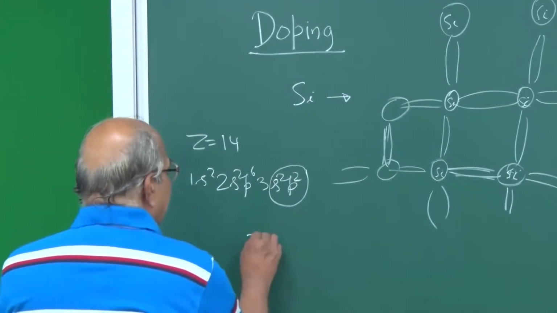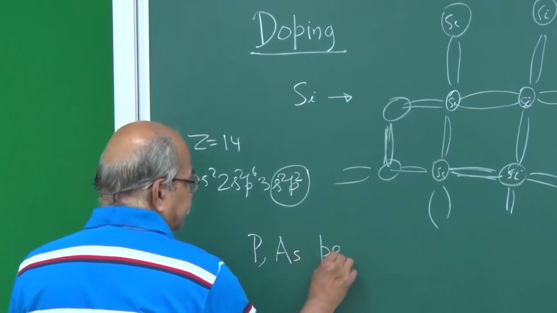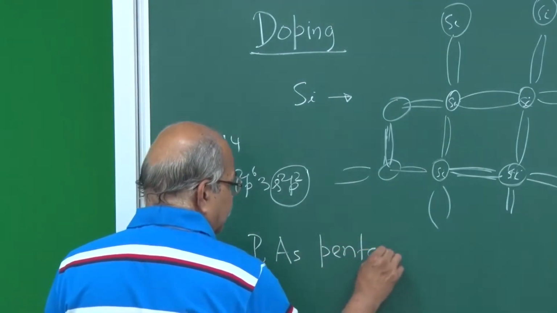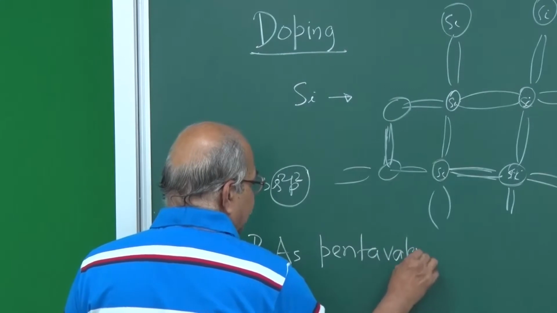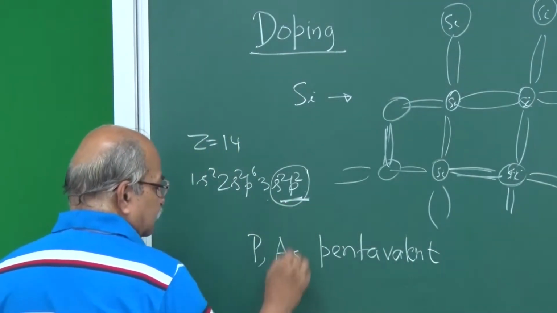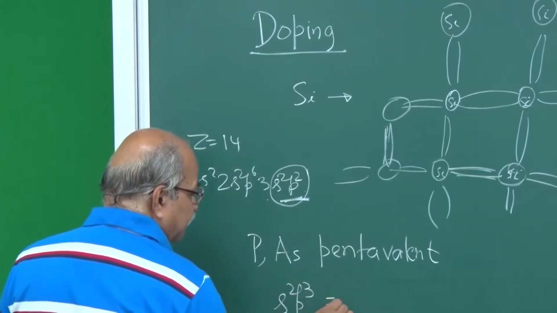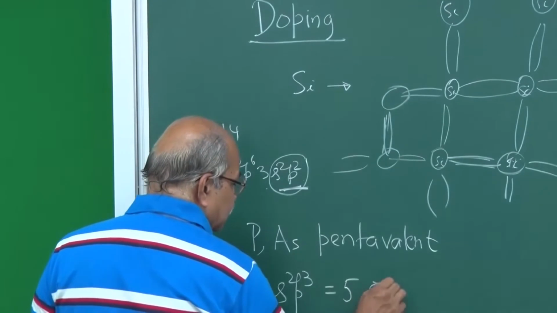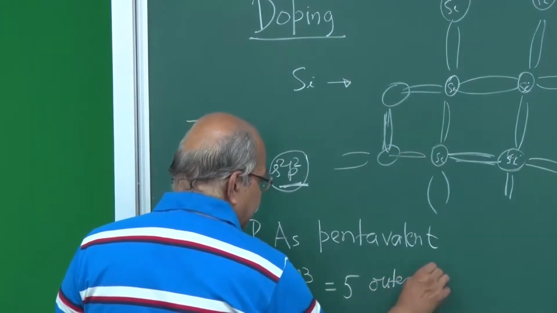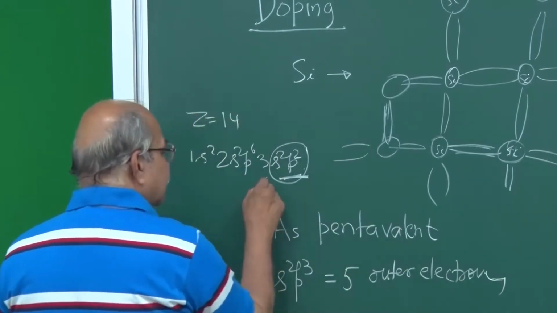So these are pentavalent in the sense that the last shell will be s2p3, so 5 outer electrons. Here you have 4 outer electrons.